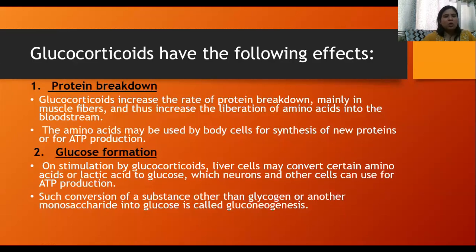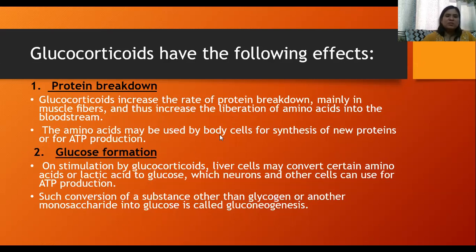So how does it do the protein breakdown? The glucocorticoids, mainly cortisol, will cause protein breakdown, mainly in the muscle fibers, and thus increase the liberation of amino acids. Right? The protein's basic unit is amino acid, and the breakdown will lead to liberation of amino acids in the bloodstream.